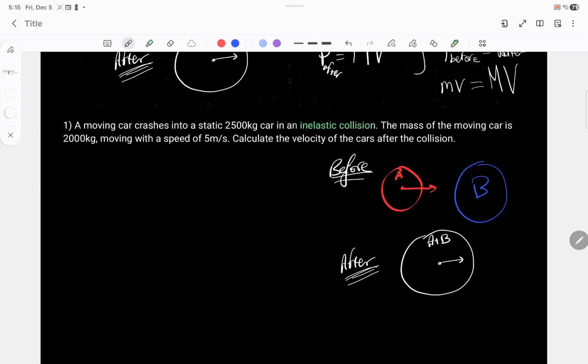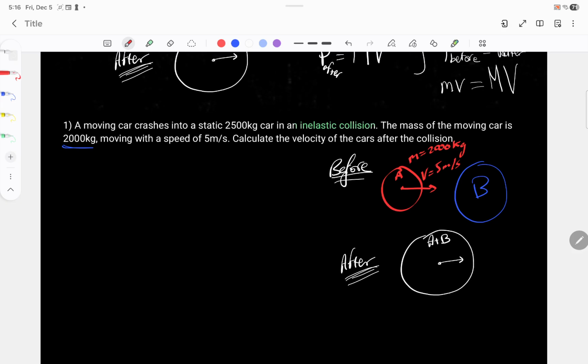So, what do we need here? We know that the moving car has a mass of 2,000 kilograms. So the mass of A is going to be 2,000 kilograms. We know that its velocity is 5 meters per second. Excellent.